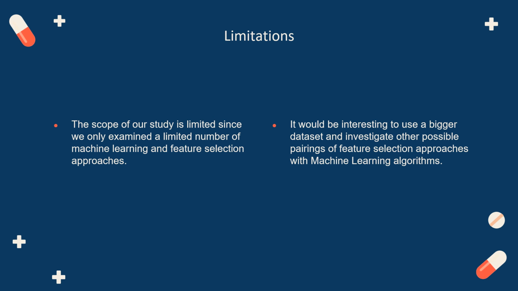The scope of our study is limited since we only examined a limited number of machine learning and feature selection approaches. In a future project, it would be interesting to use a bigger dataset and investigate other possible pairings of feature selection approaches with other machine learning algorithms.